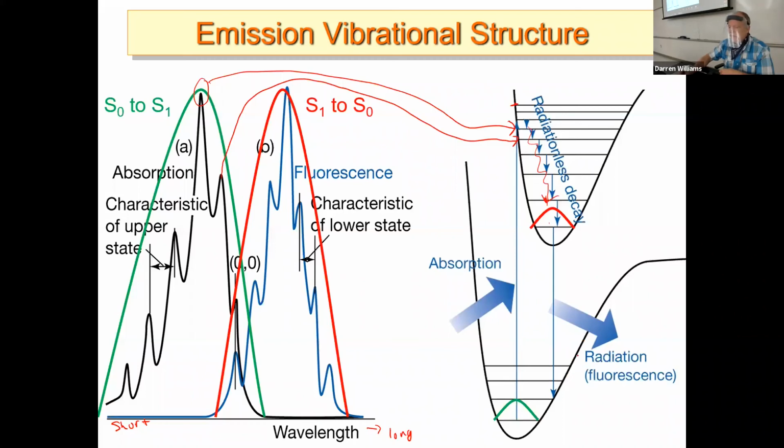Notice all of these arrows are shorter than the absorption arrows. There might be a little bit of overlap between the 0 and the 0 transitions. You might have an up arrow that is this long, and a down arrow that's also that long. And so that is the 0 to 0 transition.